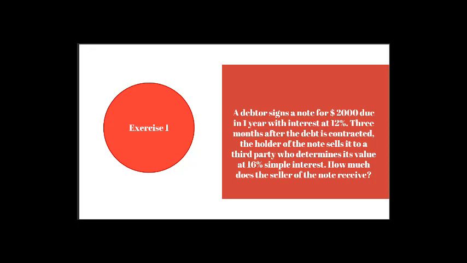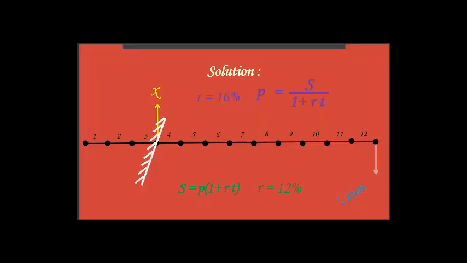Then we must discount the value of this amount. At the beginning, we must use R equals 16% to get the amount. Then we use the amount to get the value of X.